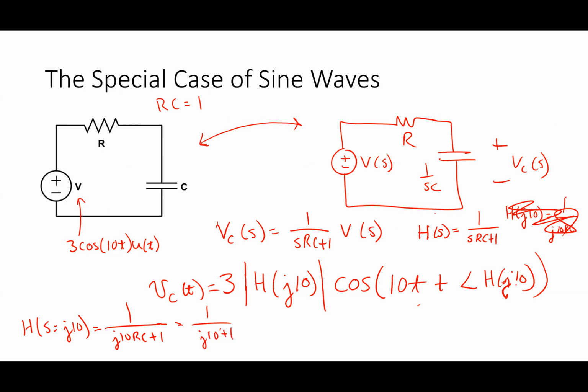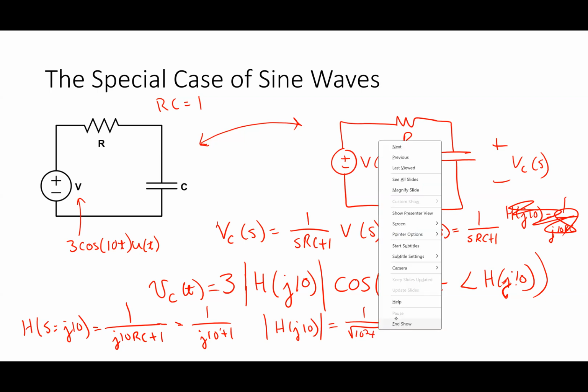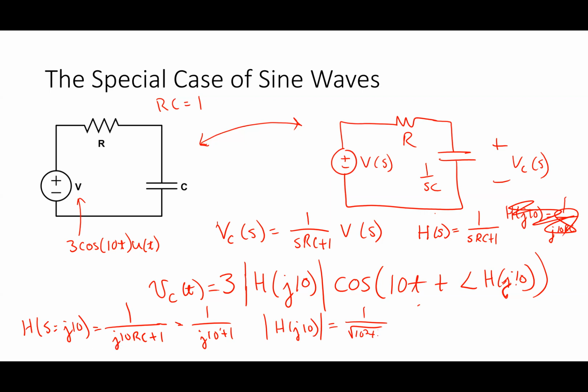So if I were asking myself what the magnitude of that is, the magnitude of H of j10 would be simply 1 over the square root of 10 squared plus 1, so 1 over the square root of 101.